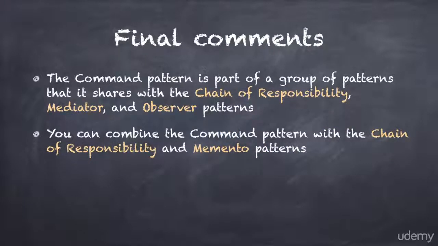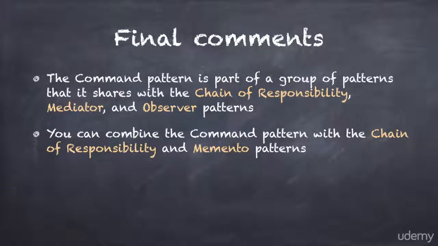The command pattern is part of a group of patterns that it shares with the chain of responsibility, mediator, and observer patterns. Each of these patterns allow you to decouple senders and receivers, but each pattern comes with different trade-offs. The chain of responsibility pattern can use command objects to represent requests as objects.